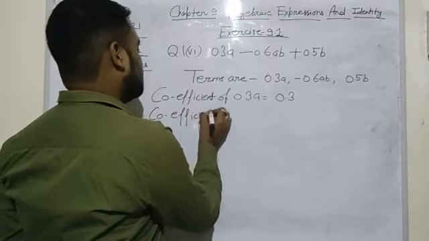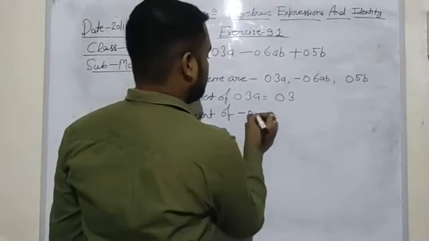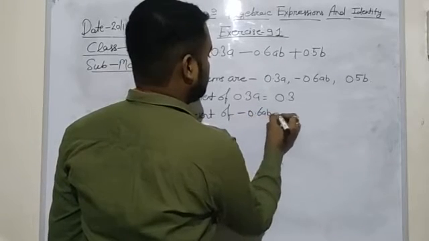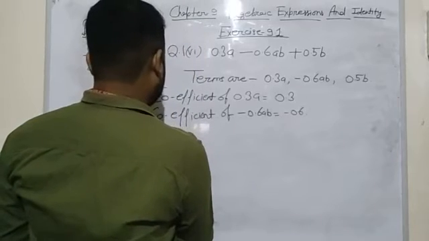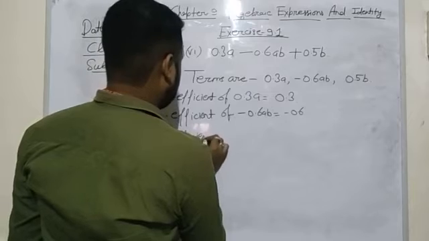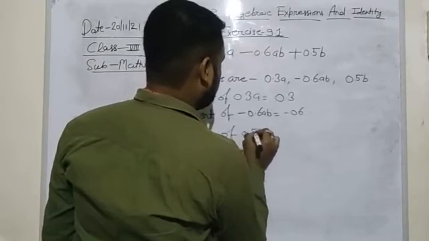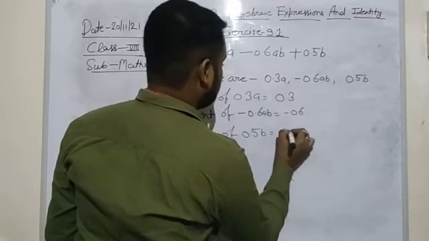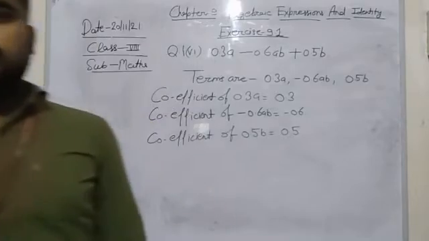Coefficient of minus 0.6ab is minus 0.6, and coefficient of 0.5b is only 0.5. You can all note it down.